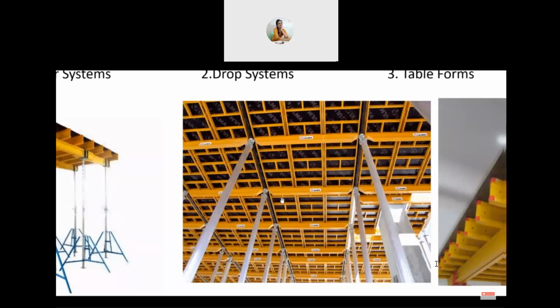One good advantage of this drop system is that you can retrieve your panels without removing your props. Are you understanding it? I will show a video of how we retrieve these panels without retrieving the props. The props will be there, and we can remove the panels and shift them to the next floor.